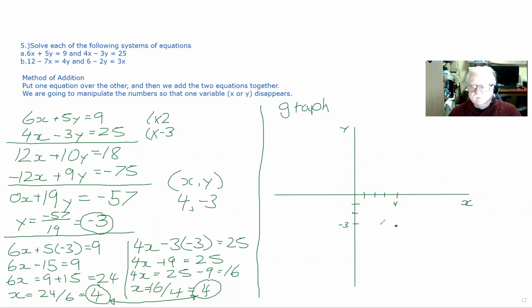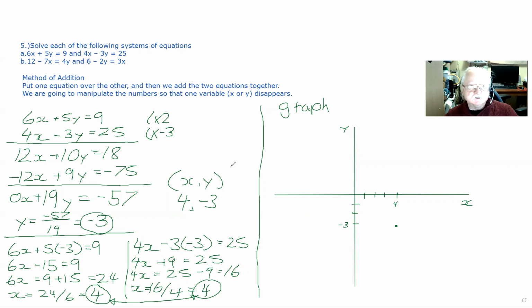Should be right there. Now, weirdly enough, at this point, and doing this method of addition, we don't have any idea where the actual lines went. So let's see if we can get an idea where they went.